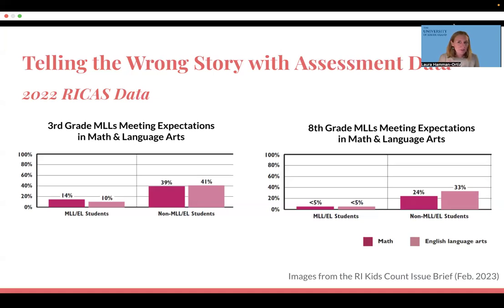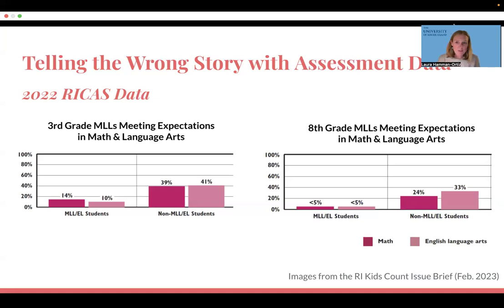Now, of course, we could argue with math. Certainly, yes, there's a gap that you need to think about addressing. But again, these assessments are given in English. And so we don't really know what our MLL students are capable of doing in other languages if we're only looking at what they can do in English. So even that data is flawed.